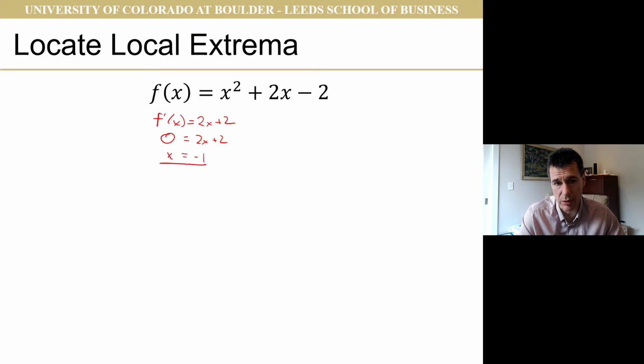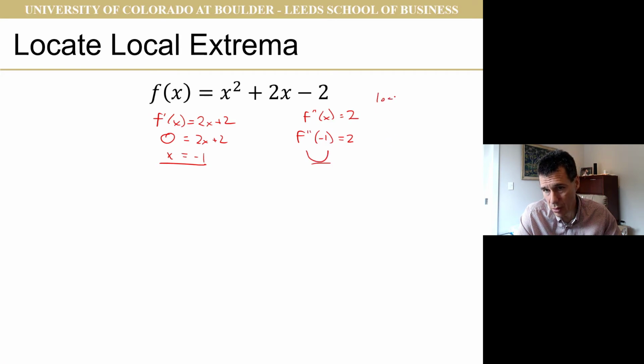So that's a critical number. We need to find the second derivative. Second derivative is just 2, which means the second derivative at -1 is 2. Okay, so at -1, the slope is 0. It's concave up, so it must look like this, which means it is a local max. So f of 2 is a local max.